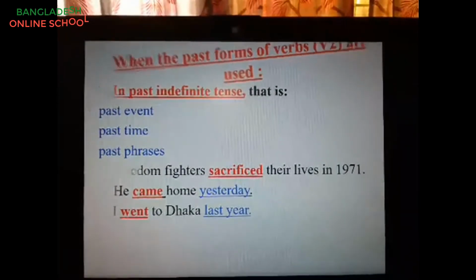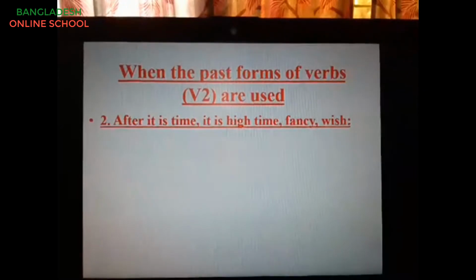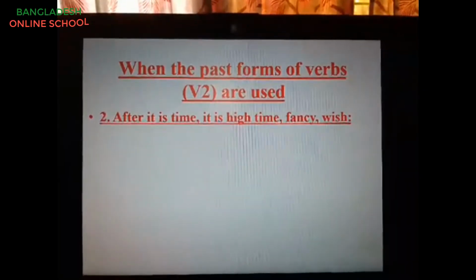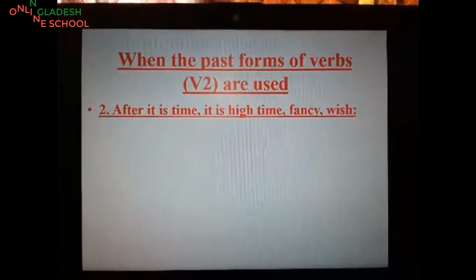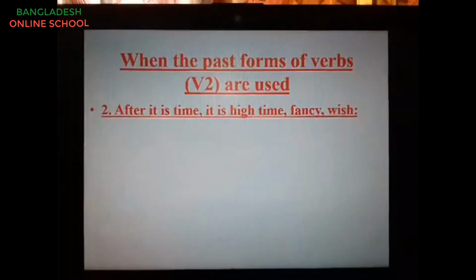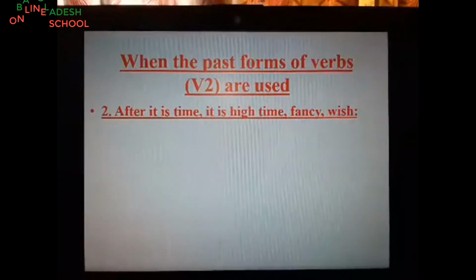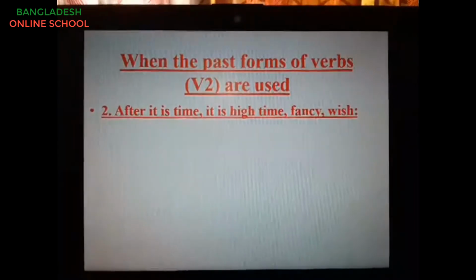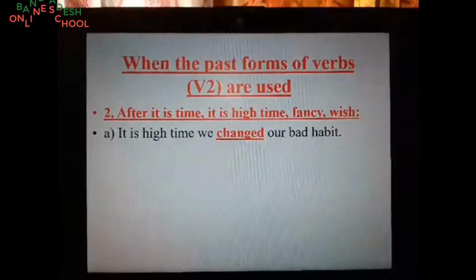Next. After it is time, it is high time, fancy, wish, there are some phrases and verbs. After these phrases and verbs, past form of verb is used. Let's see example. It is high time we changed our bad habit.